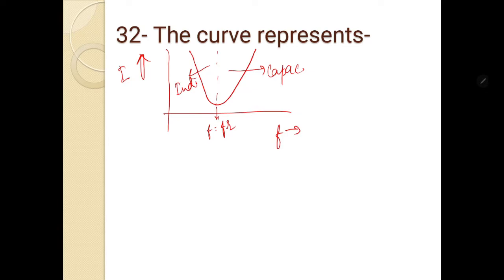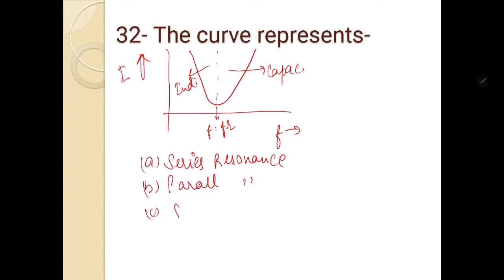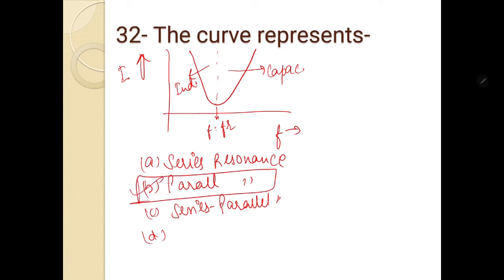The options were option A series resonance, option B parallel resonance, option C series parallel resonance, and option D I don't remember. The correct option is option B. It represents the parallel resonance.